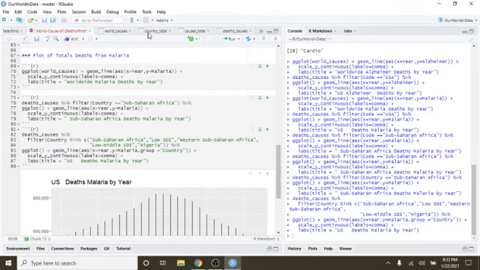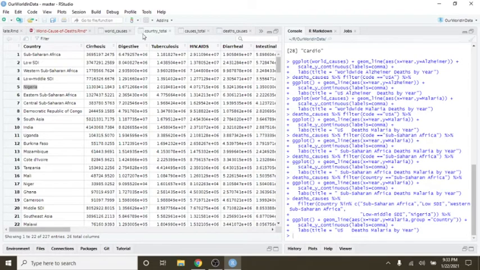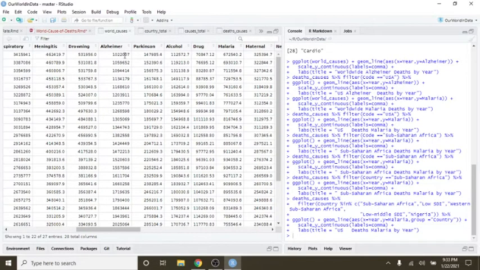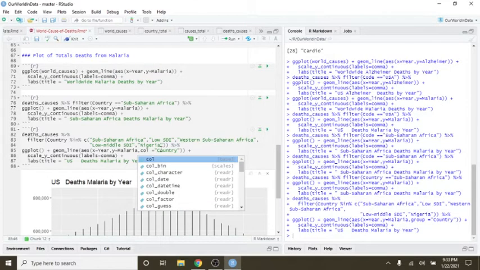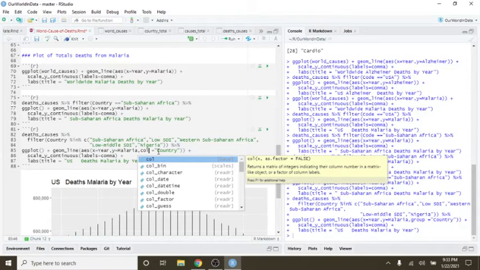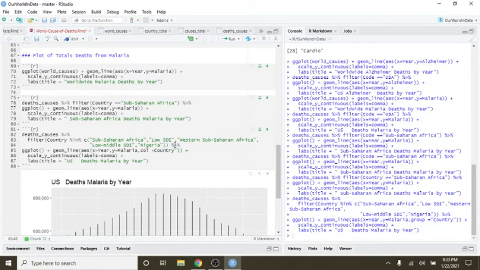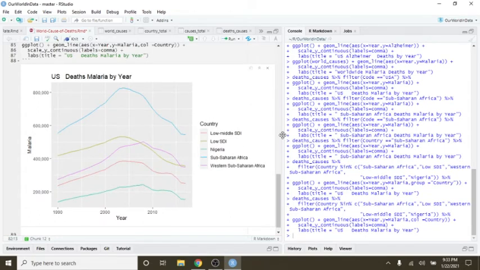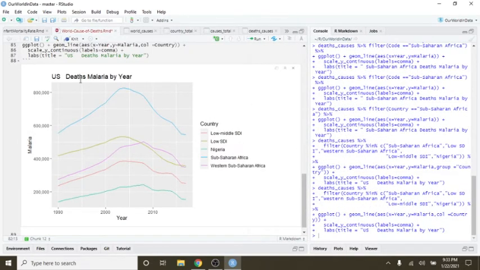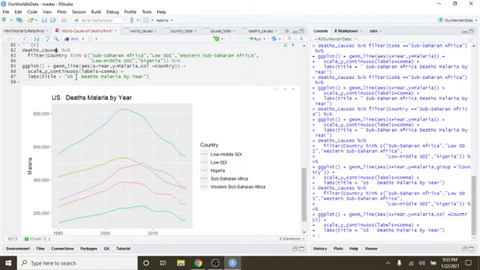What we really want is, that certainly didn't. What happens if we said, maybe we don't need this either. Okay, that's exactly what we're looking for. So we got U.S. deaths.